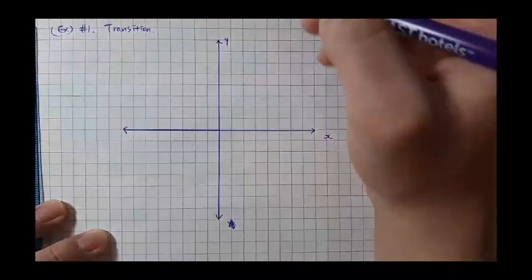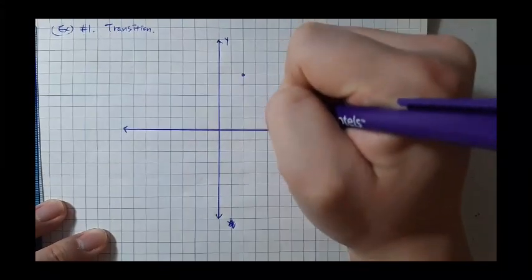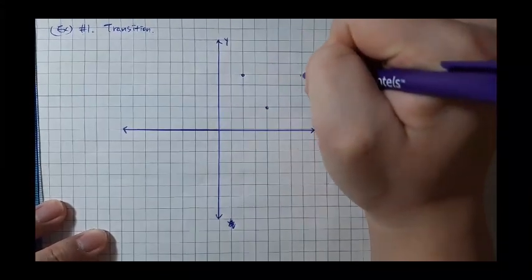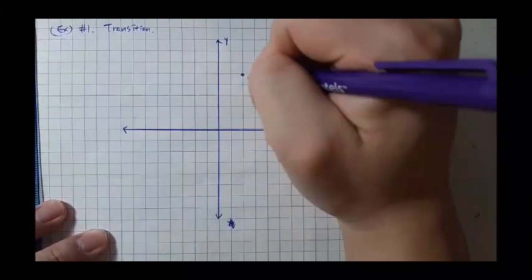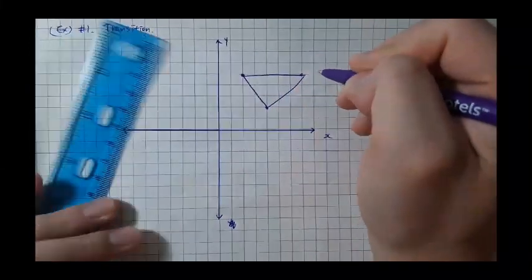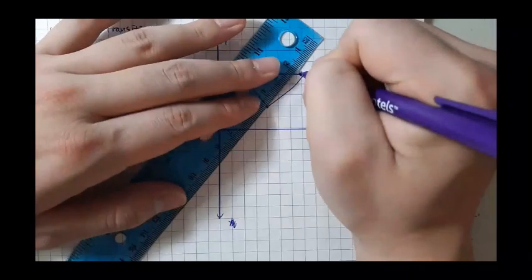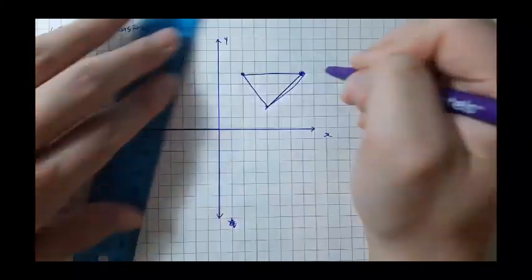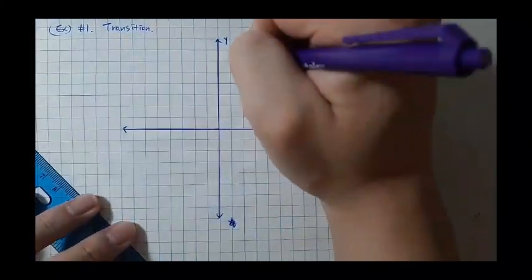So let's do, I always like a triangle because that's easy enough. I should have used my ruler. Sorry folks, it's suddenly become ugly.